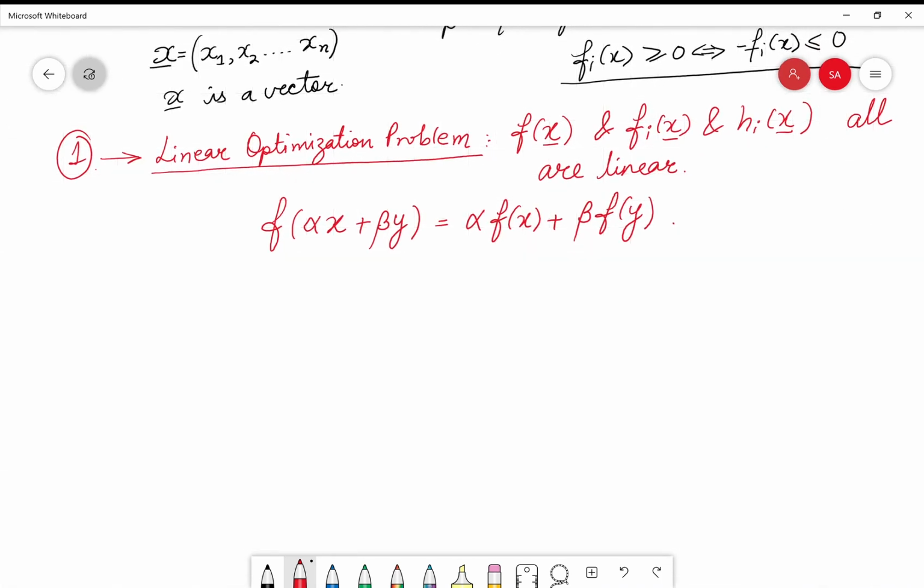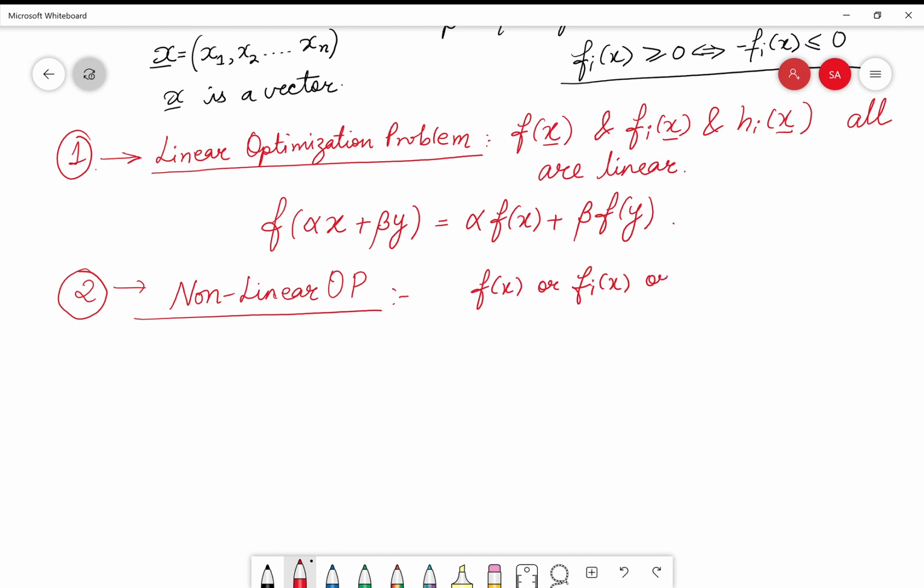Now the second class of optimization problem is the non-linear optimization problem. As the name suggests, it means that f of x, fi of x or hi of x are non-linear, so one or all of them could be non-linear functions.